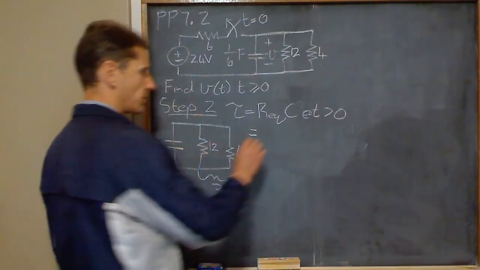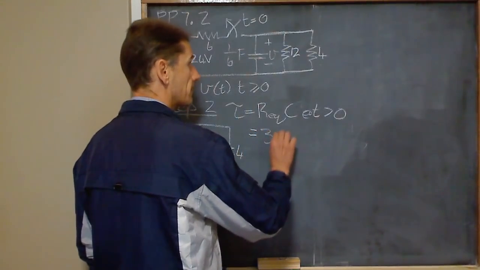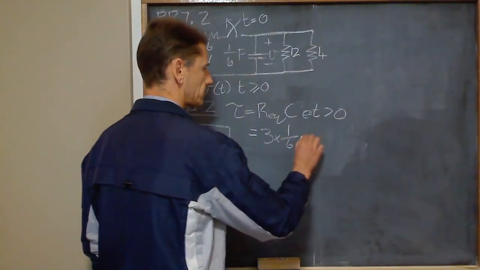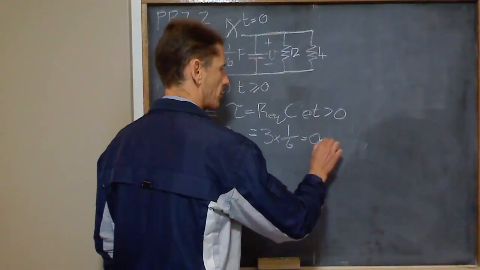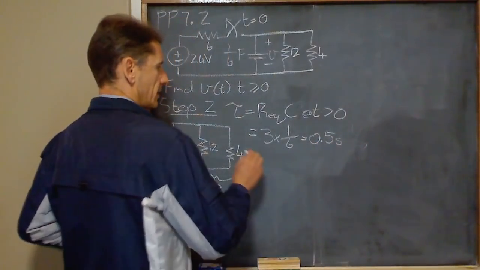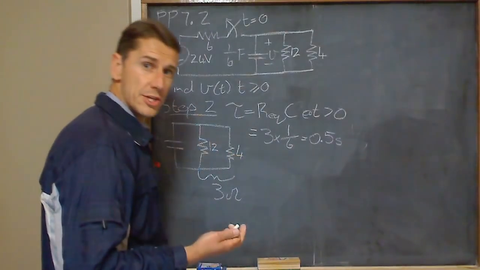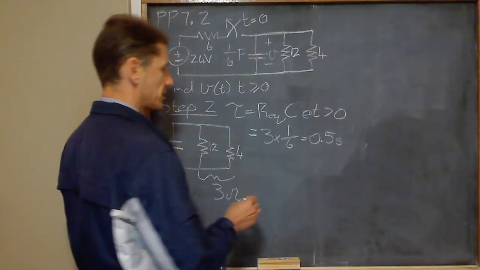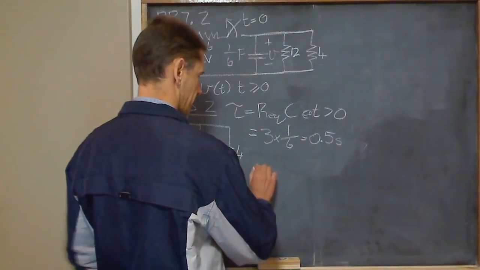The capacitor sees 3 ohms, so it's 3 times, what was the capacitance? 1 over 6. So that's 0.5 seconds.